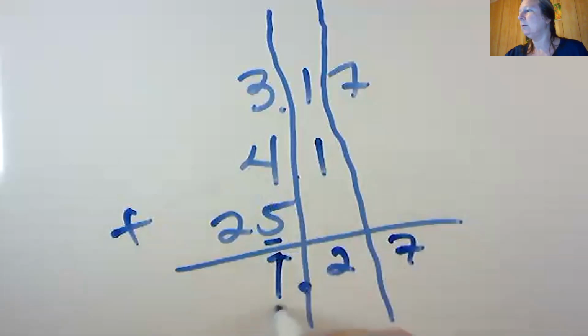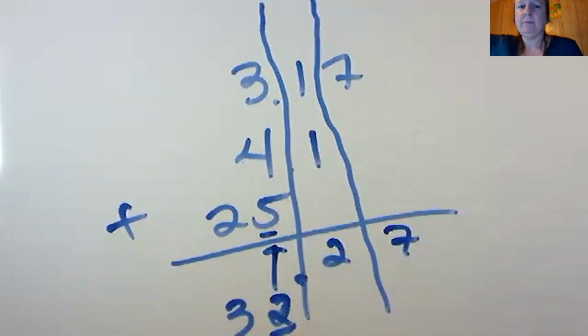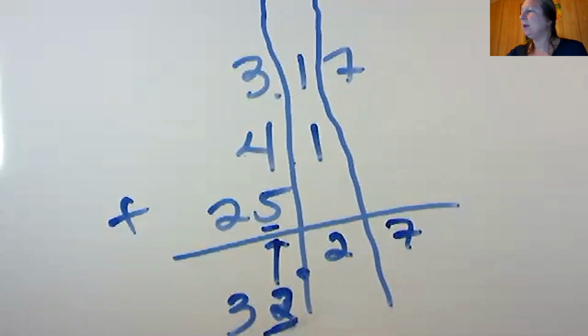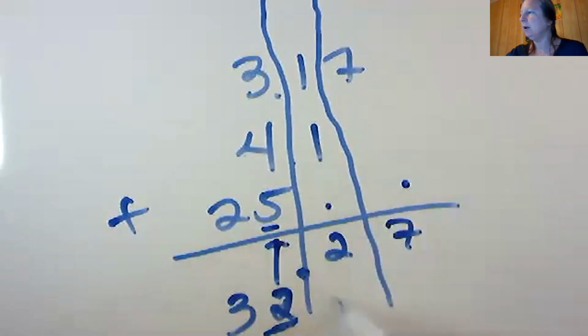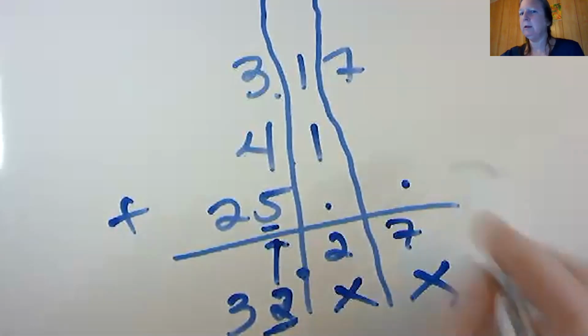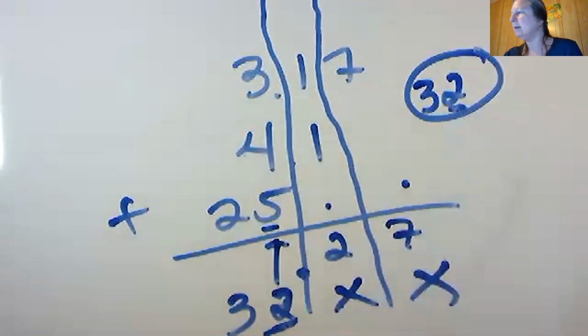And 7, 12, 3, that's a 2, okay? 32.27 is what I get, but that's not my answer. My answer has to be rounded to this decimal place, because when I line them up, this is the closest to the decimal point. There's nothing here and there's nothing here, so I can't put anything in those places. So this is less than 5, so my answer is going to be 32 to that decimal place.